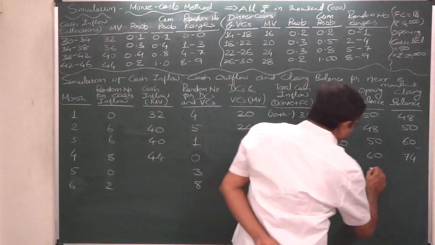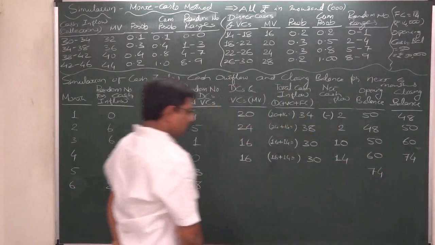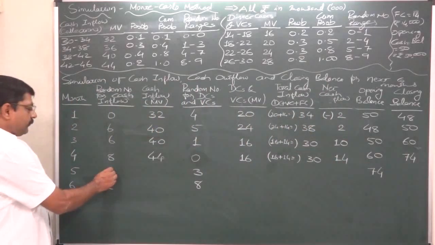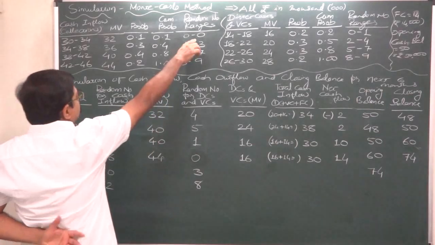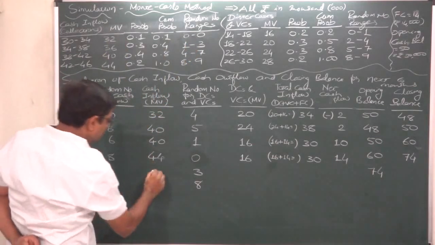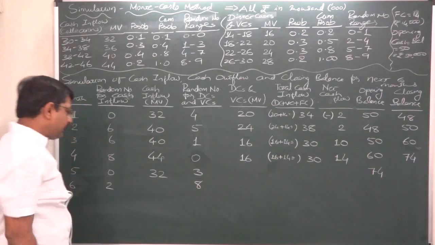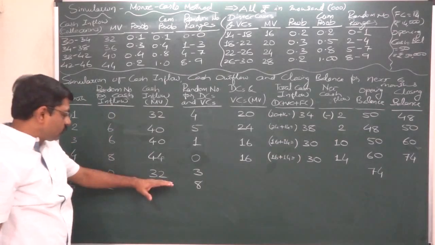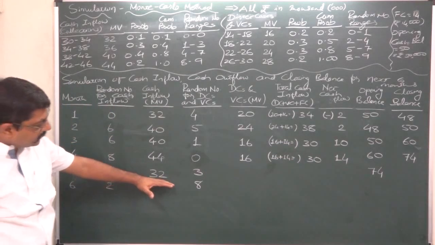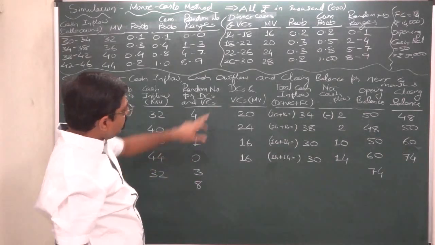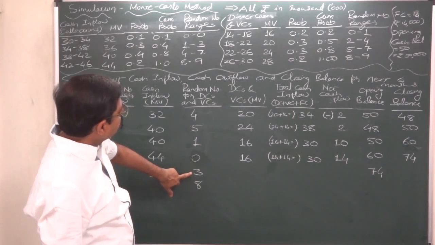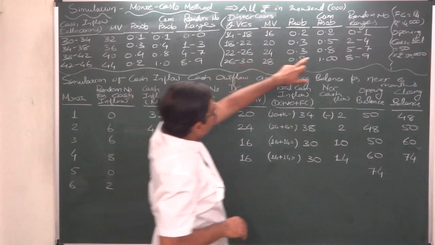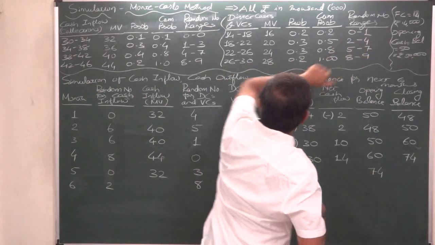That will become the opening balance of the fifth month. In the fifth month, the random number for cash inflow is 0. That falls in the range 0, 0. That means we can believe that there will be sales and collections, total cash inflow of 32,000. Random number for direct and variable costs comes to 3. So 3 falls between 2 and 4.